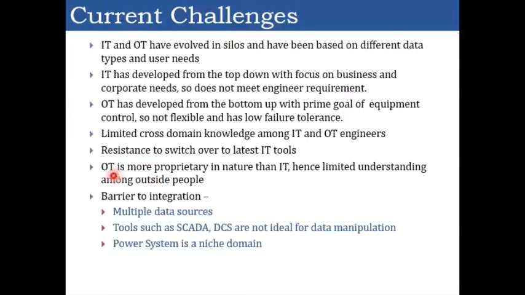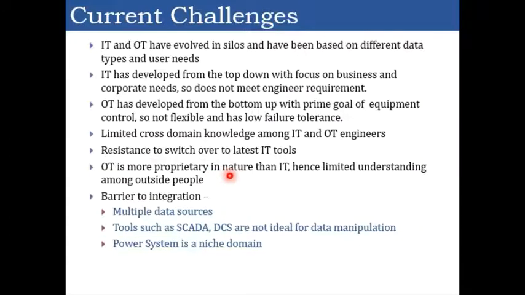That's why OT technology was mostly proprietary in nature, because it was developed in the past keeping a particular operation or process in mind.